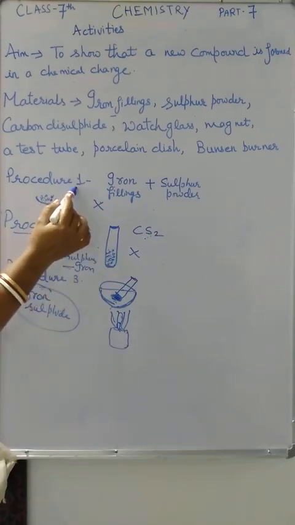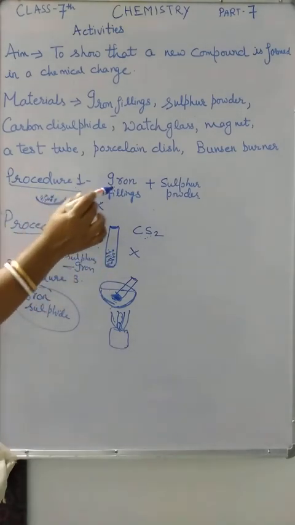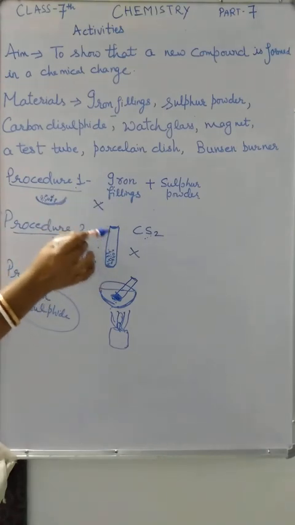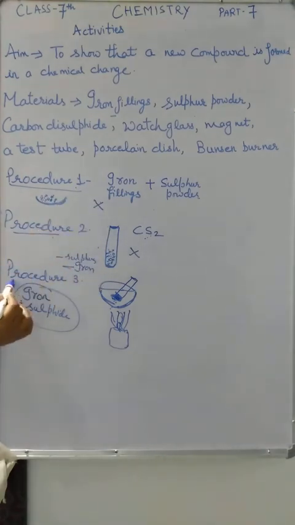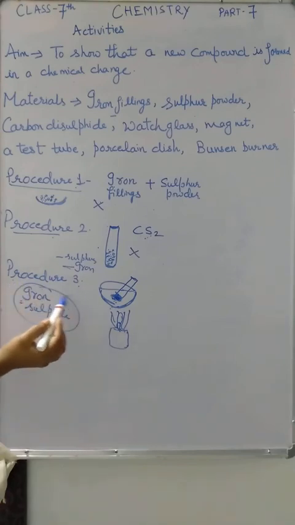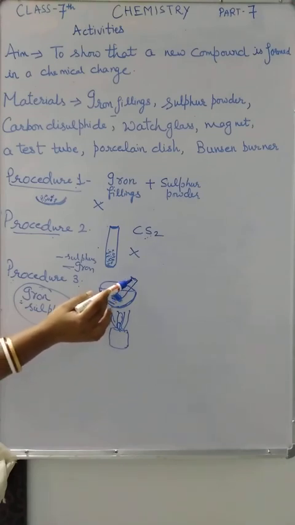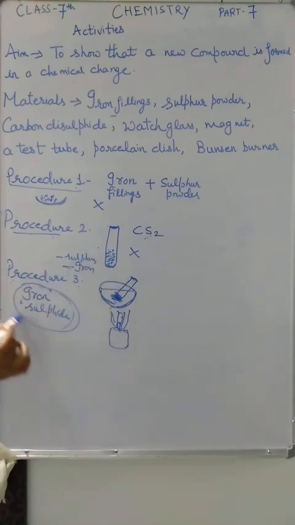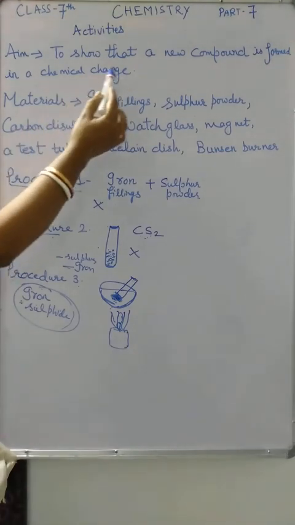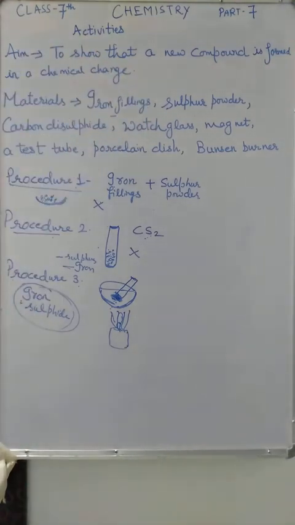So in procedures 1 and 2 the substances do not lose their original properties, but in the third procedure we can see they have lost their properties. The grey mass is not attracted towards the magnet, so a new compound, a new substance, is formed. That is why we can say that a new compound is formed in a chemical change. I hope all of you understood.